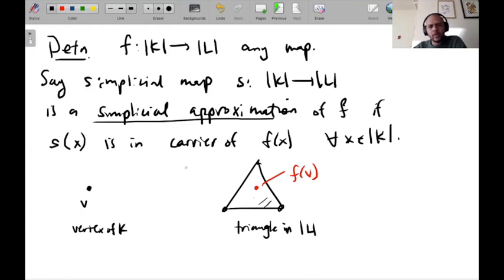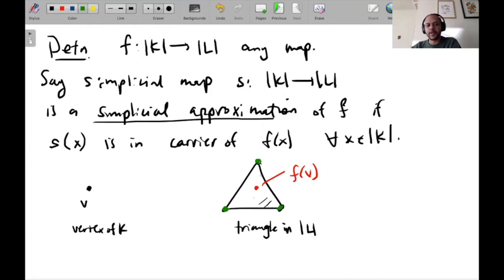And S is supposed to be a simplicial map, so it should map a vertex to a vertex. So being a simplicial approximation means that S of x is one of these vertices. A priori, this is one triangle in L, and maybe there are other vertices. We know if S is a simplicial map, V maps to a vertex.